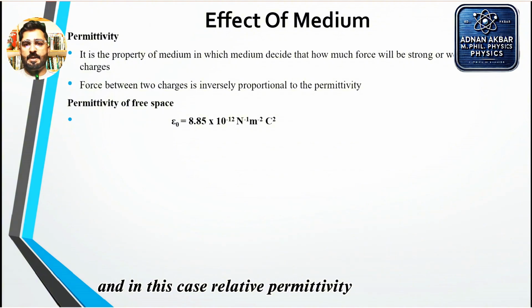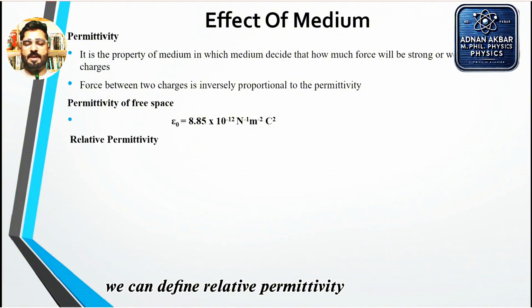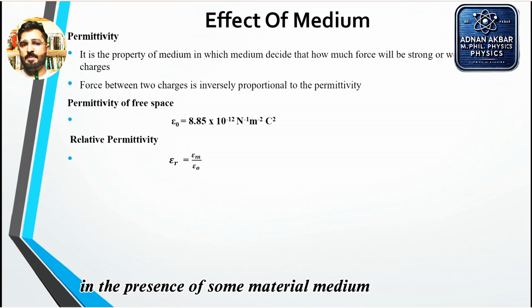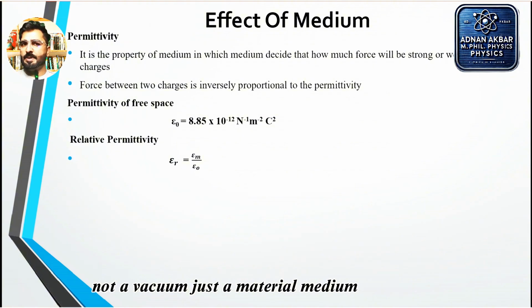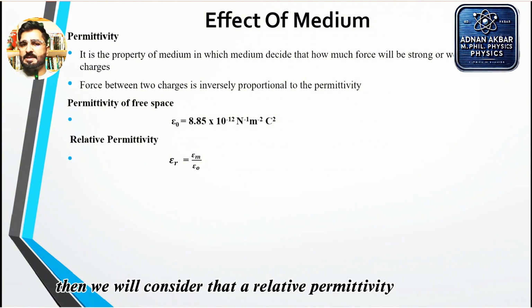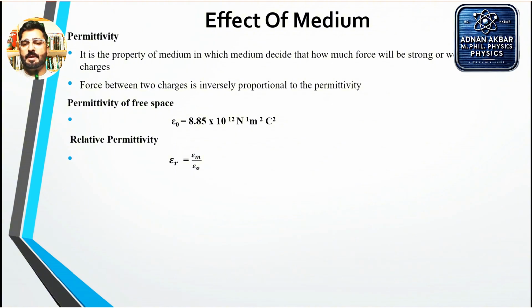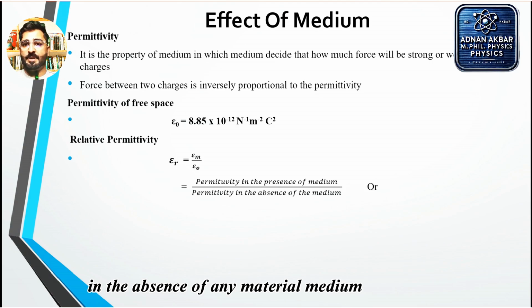And in this case, we can define relative permittivity. Relative permittivity is the permittivity in the presence of some material medium, not a vacuum. Relative permittivity is actually the ratio of the permittivity of the material medium to the permittivity in the absence of any material medium.